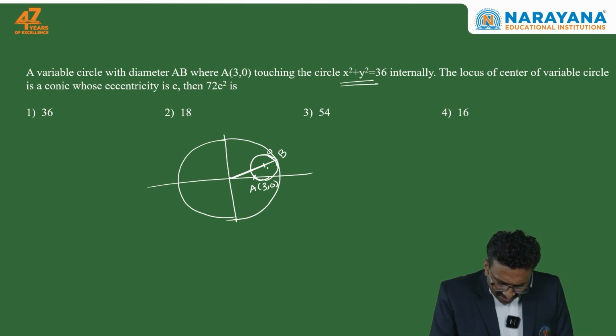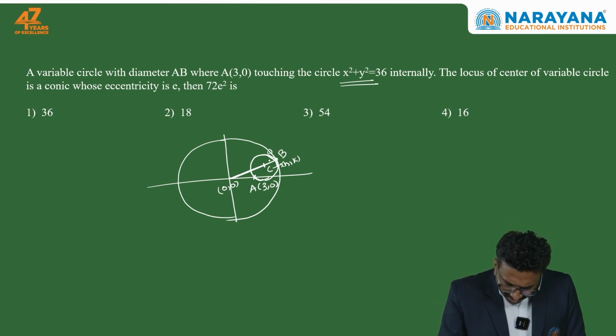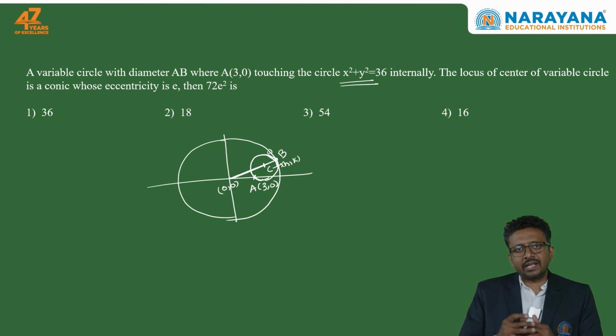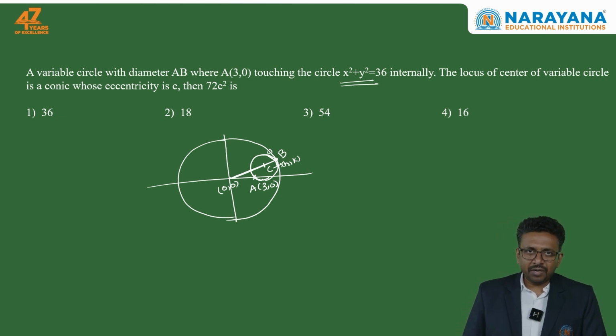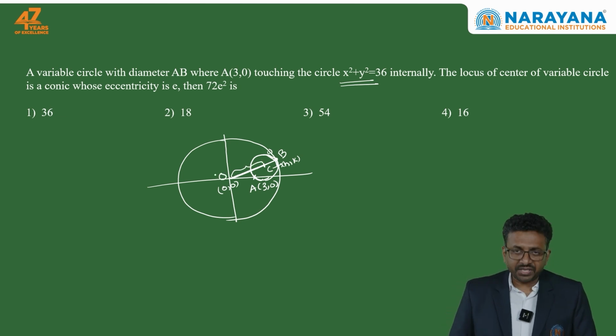So the center of the circle, let us call this (h, k), the center of the original circle, which is (0, 0), and the point of contact of these two circles are on the same line. And we know that if two circles are touching internally, d is equal to r1 minus r2. So the distance, let us call it OC, OC is equal to bigger radius minus smaller radius.